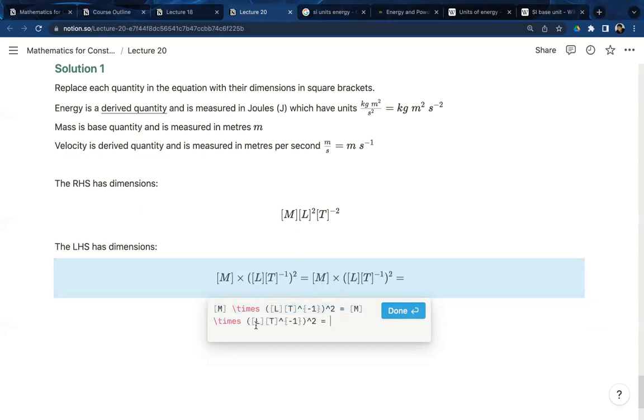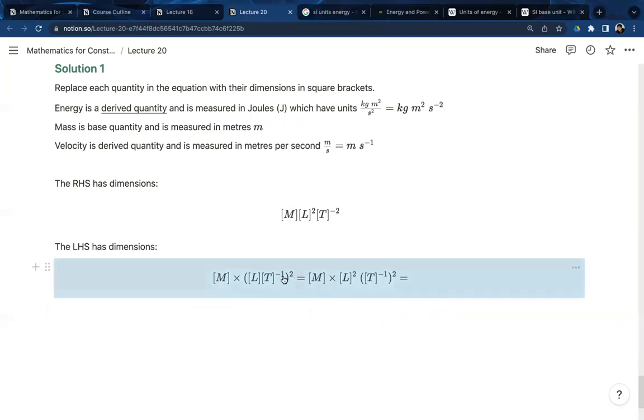So you get L to the power 2 and you will get T raised to the power 2. The 2 operates on the L to get L squared, and the 2 operates on the T as well.